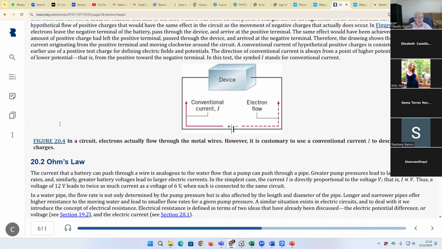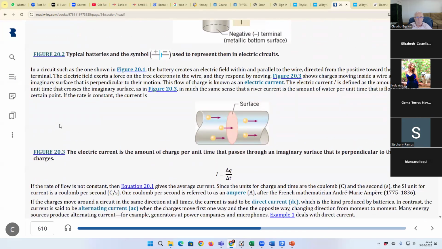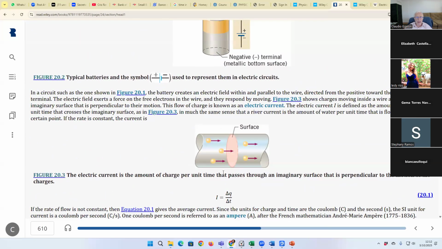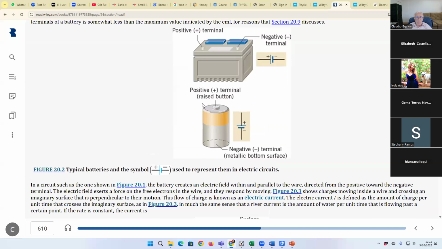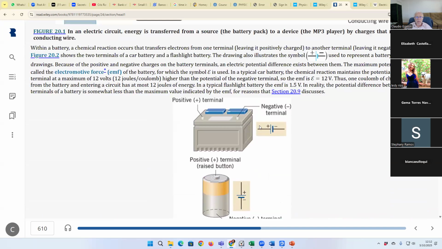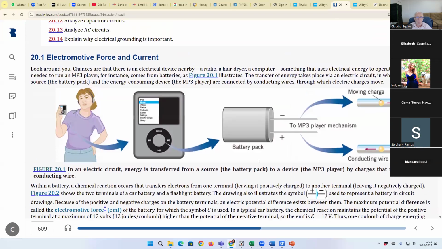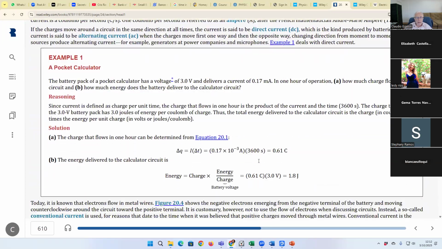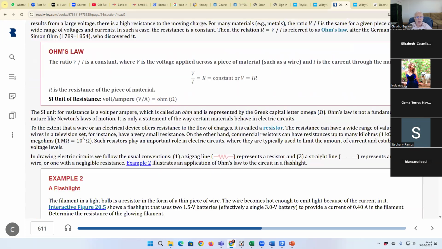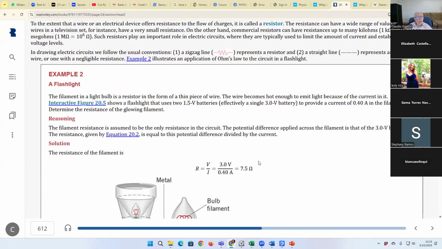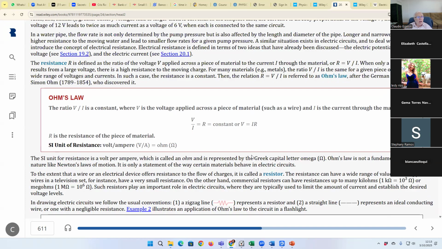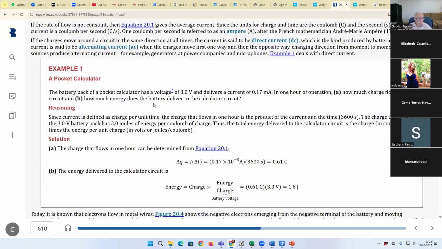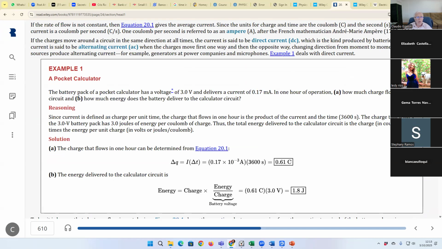Okay, good, now it's displayed. Here go the same drawings that I had, right? Here's the battery, symbol of the battery. Here's another battery, same symbol. Ohm's law, V equal Ri. And let's take a look at this example. Let's see the first example that we have in the book, a pocket calculator. We did something similar, right? The battery pack, we did a similar example to the one in the book.